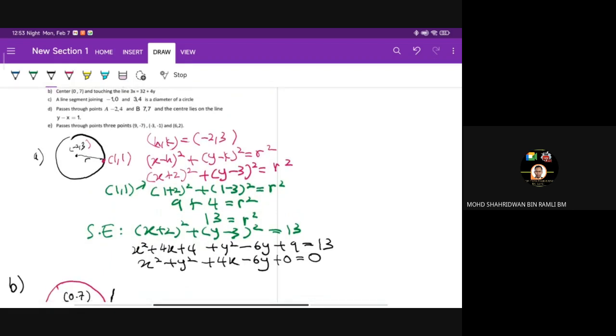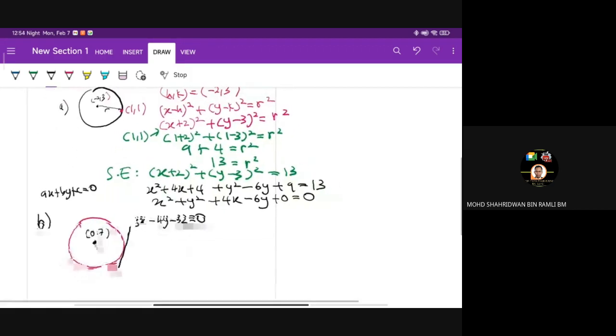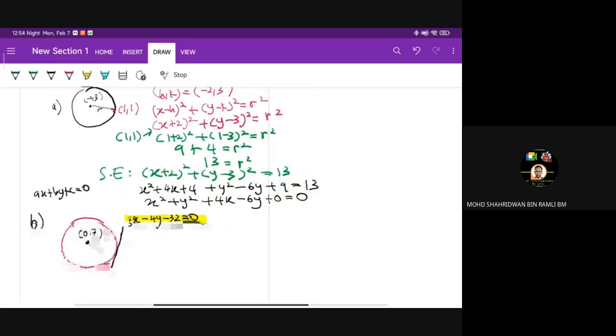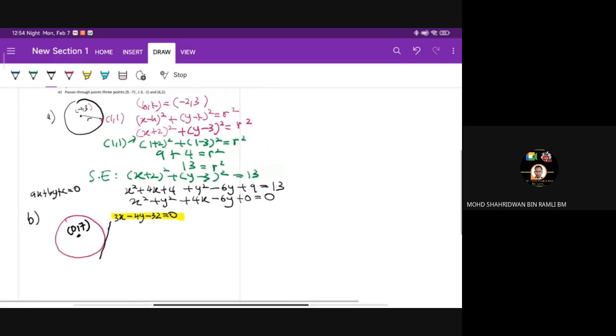We try to express the line in the general form ax + by + c = 0. So it will be 3x - 4y - 32 = 0, which is a linear equation. The center is (0, 7).